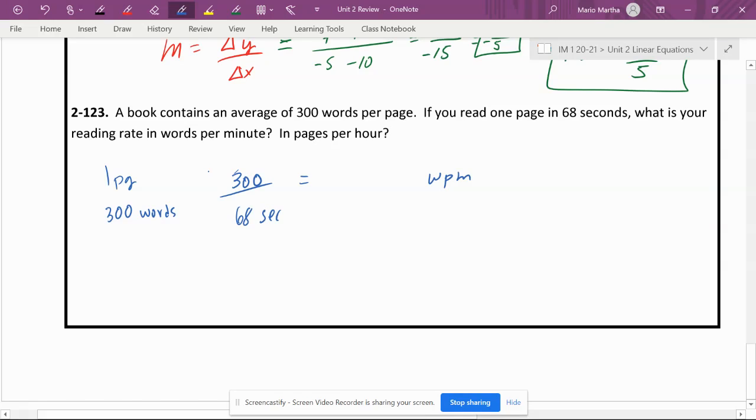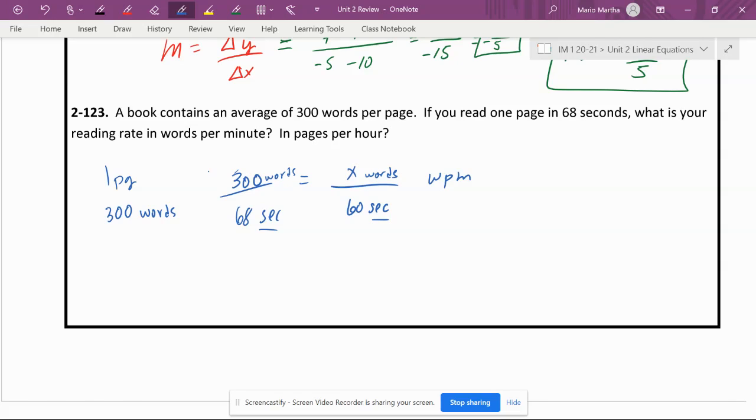And then from there, when we're lining up our times, 1 minute has 60 seconds, right? We want to make sure that our units line up at the bottom and on top as well. And when trying to figure out how many words, X words, we read within those 60 seconds, right? So in 68 seconds, we read 300 words, and we're trying to figure out how many words we read in 60 seconds only.